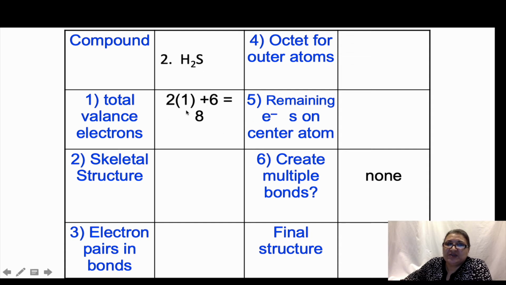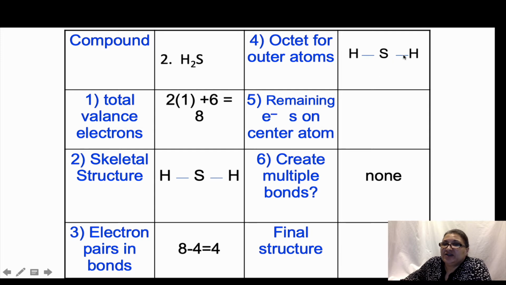So 6 plus 2 is 8. And the skeleton, we just connect 1 sulfur to 2 hydrogens. Now you subtract how many electrons you used in the electron pairs. 2, 4, so we subtract 4 from 8. We have 4 left.